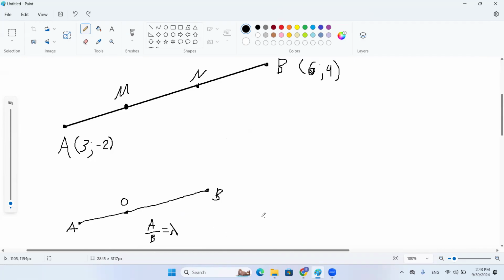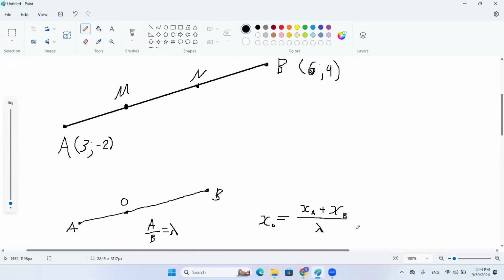We need xO equals xA plus xB divided by lambda.